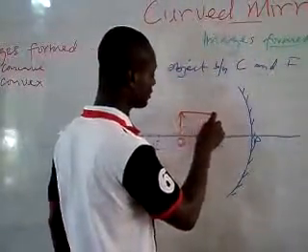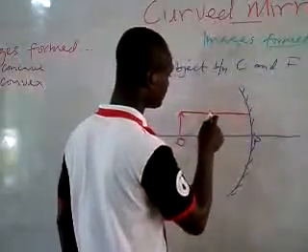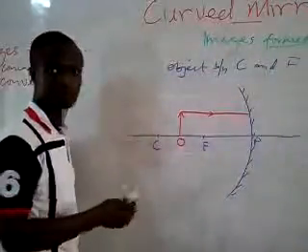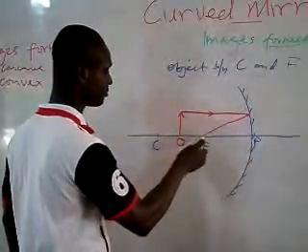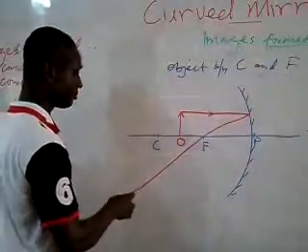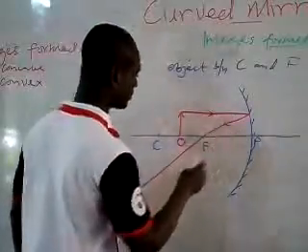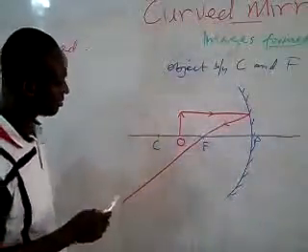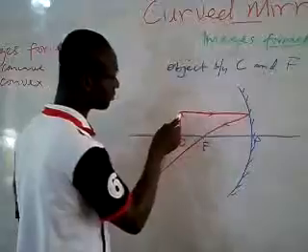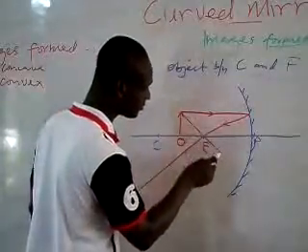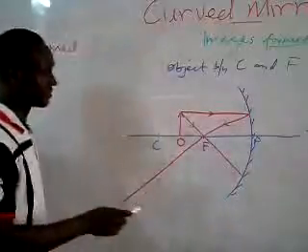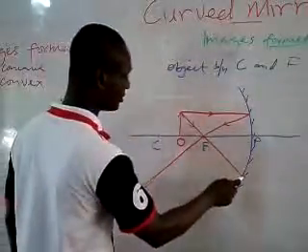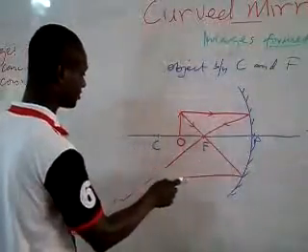Rays parallel to the principal axis reflect through the principal focus. And some of the rays will also pass through the principal focus, and will also reflect parallel to the principal axis.